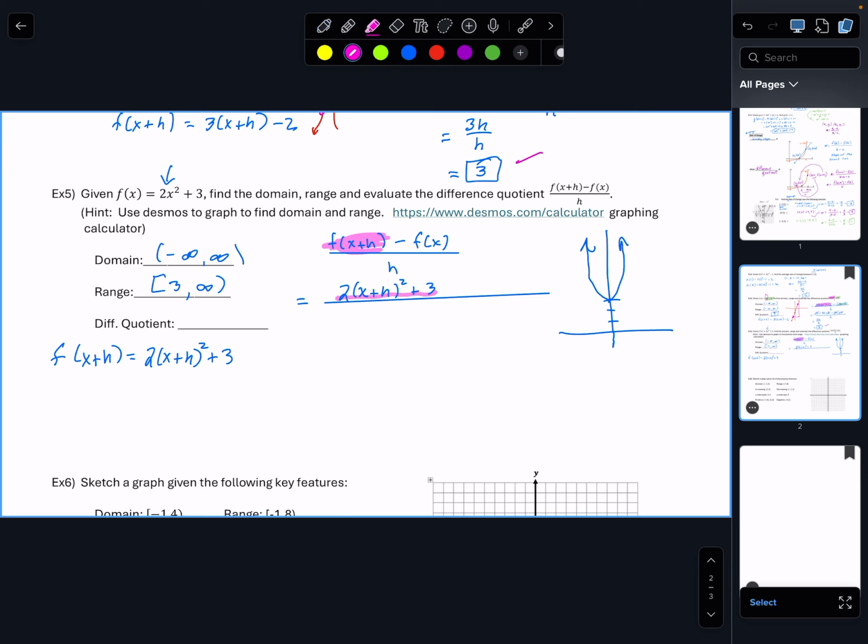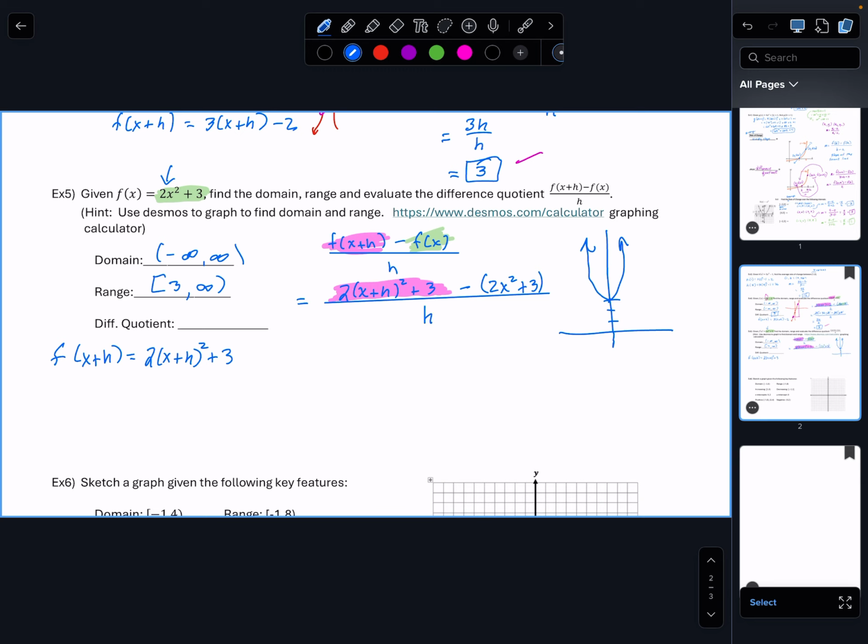And so this whole thing is your f of x plus h. And the next thing you need is to subtract the entire f of x. And f of x is this binomial up here. And so it's minus the quantity. You have to subtract the entire thing.